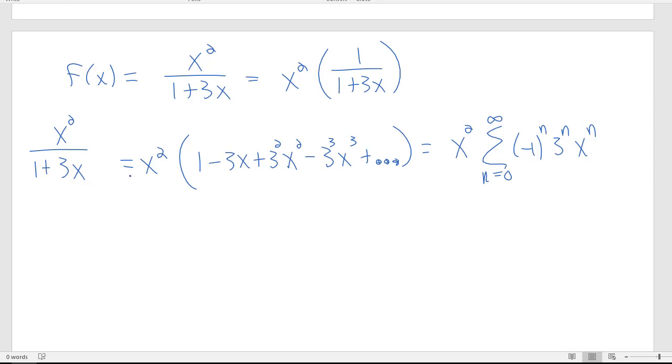So I can take x squared times 1 and get x squared. I can take x squared times 3x and get minus 3x cubed. I can take x squared times 3 squared x squared and get plus 3 squared x to the 4th. And then again, x squared times the next term gives me negative 3 cubed x to the 5th, and so on and so forth.